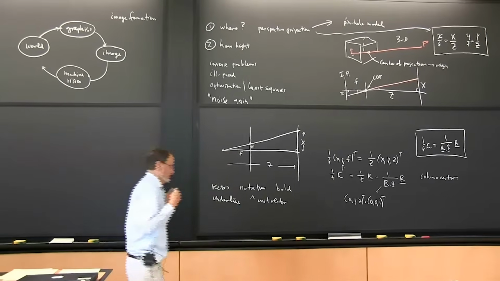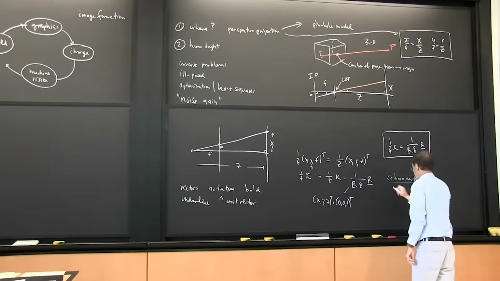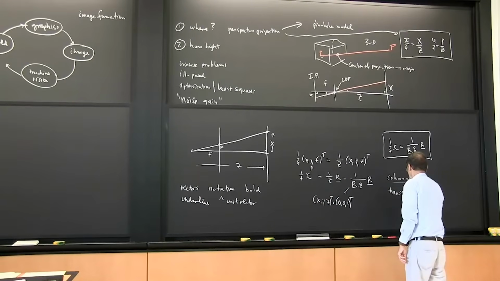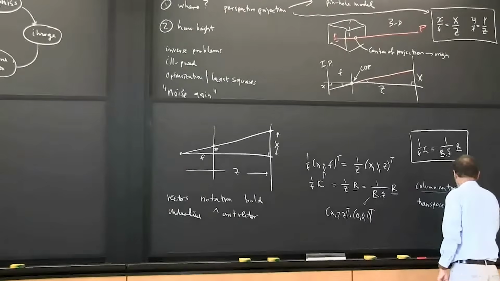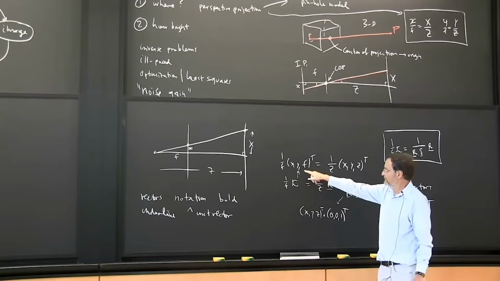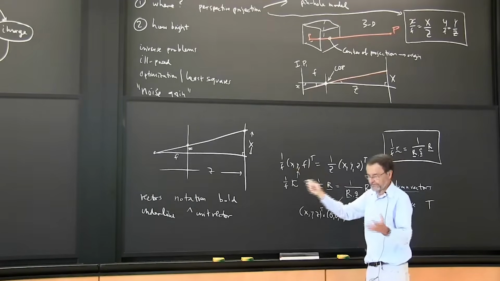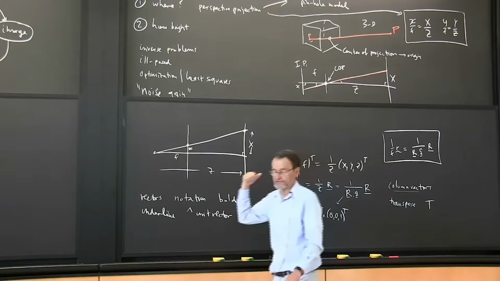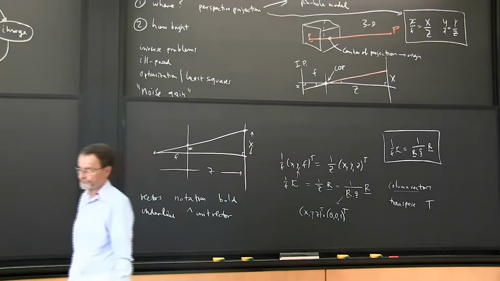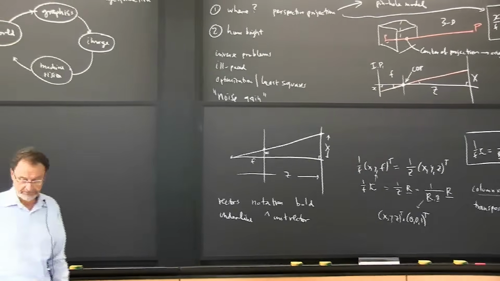Just for consistency, I'm always going to think of them as column vectors, and that's why sometimes I need a transpose. That's what the symbol T is for. So I didn't say it here, but we can now go back to this. If I write it this way, it's a row vector, but all my vectors are supposed to be column vectors, so I stuck in the transpose. So, another bit of notation. It's all pretty straightforward, though.